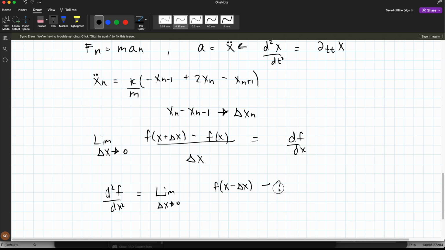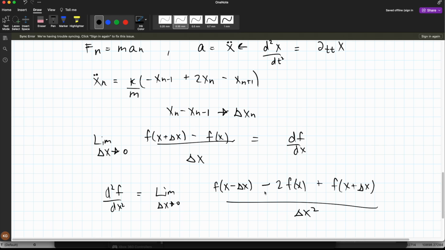Don't worry about it. Minus 2 f of x plus f of x plus delta x all over delta x squared. Wow, this is looking kind of familiar.